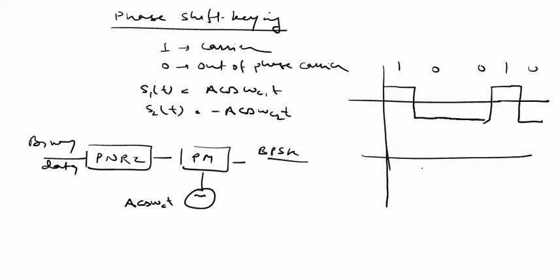Now we want a carrier component to multiply with. For 1 we draw 2 cycles, for 0 we draw out of phase 2 cycles, again 2 cycles.